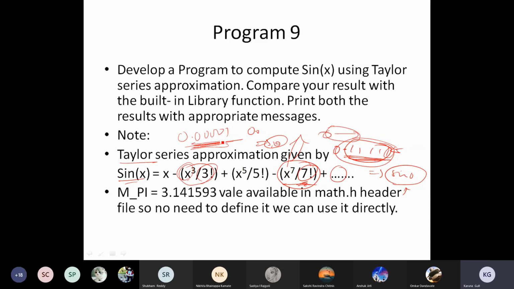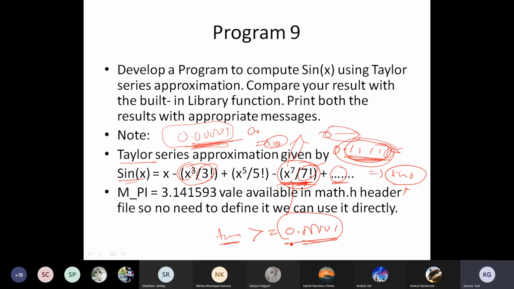So here, how accurate a value are you interested in? Whether you want 4 digits to be equal, 5 digits to be equal. Depending on that, you select till that term. If the term value I'm picking is more than whatever digits I wanted to compare, then I'll tell you to add one more term.